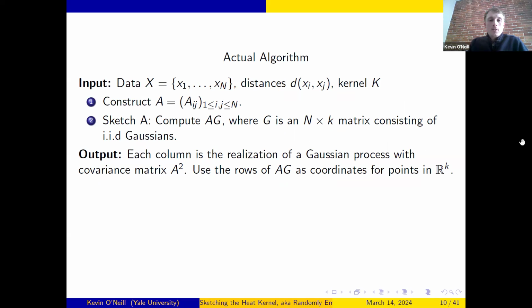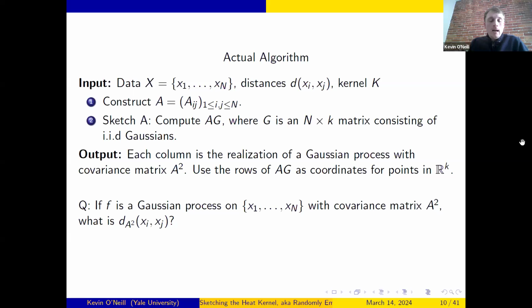So, a quick mini quiz, not that you have to be able to figure this out necessarily, but to make sure we're comfortable with some of the basic ideas and to see something we'll actually use later. Let's say we have this Gaussian process with the covariance matrix A squared, and we want to know the corresponding pseudometric between two different points.